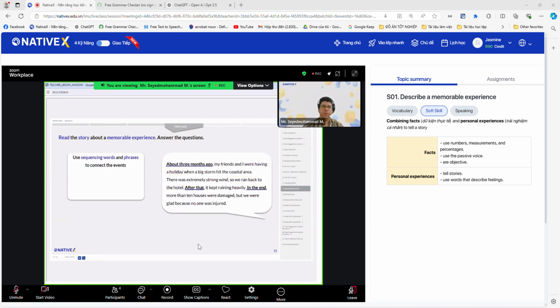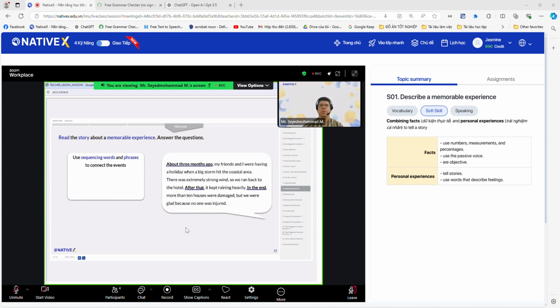Okay, now guys, let's move on to the next activity. Read the story about a memorable experience and answer the questions. Okay, as you can see, we use sequencing words and phrases: about 3 months ago, after that, and in the end. For what? To connect the events.